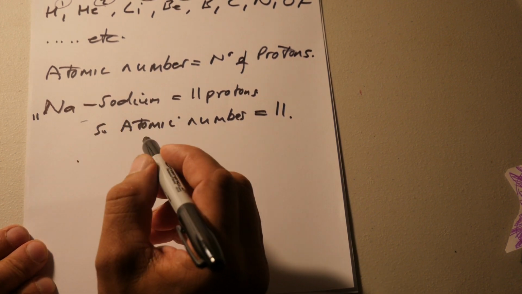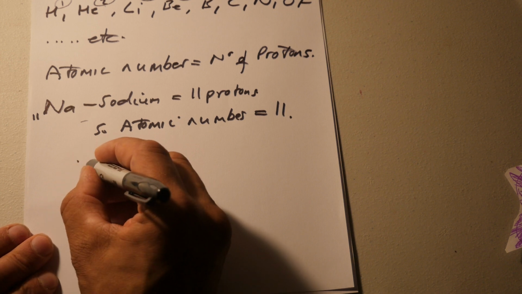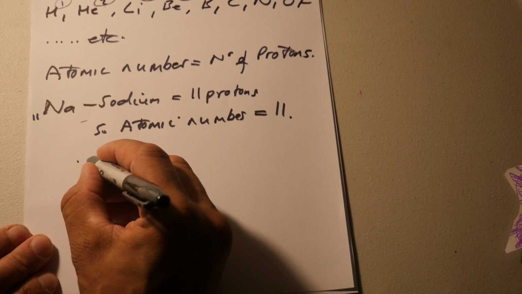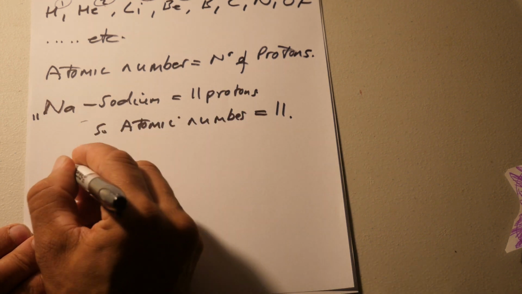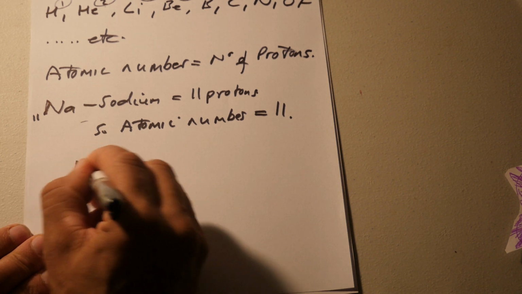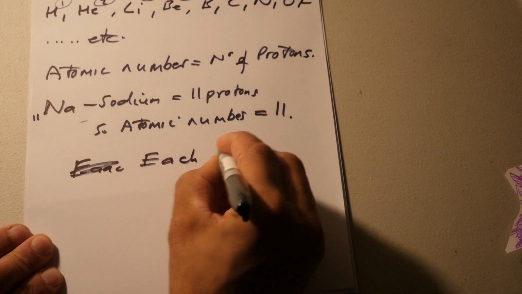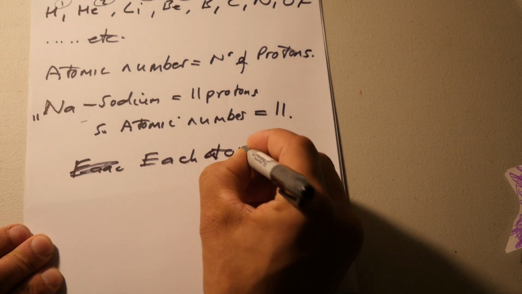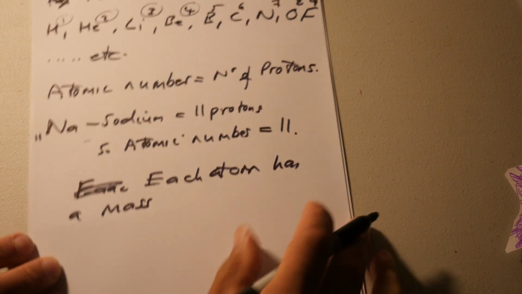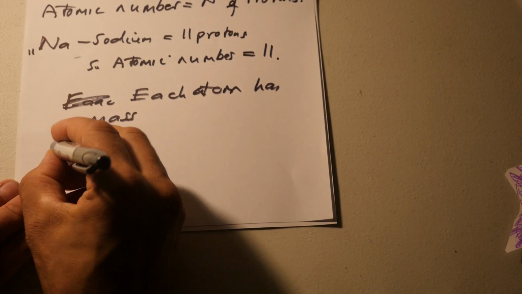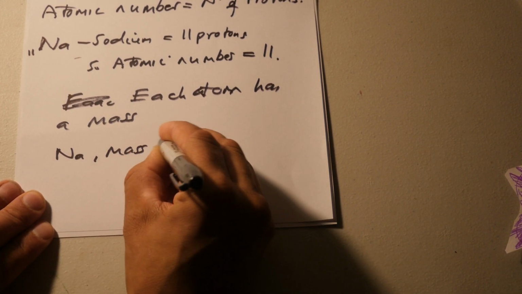We know the atom's neutral, so since the atom is neutral, you've got the overall mass of sodium. Each atom has a mass, okay? So sodium is mass 23, okay?